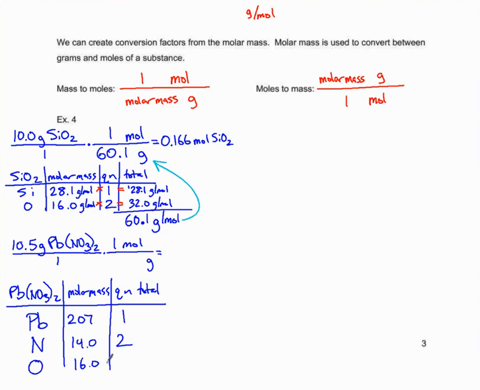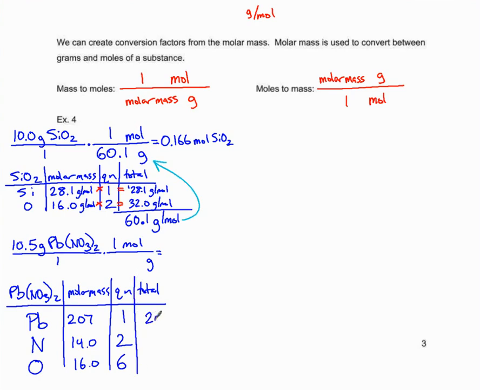And then oxygen, I have 3 oxygens in a nitrate, and I have 2 nitrates. So these 2 numbers will multiply. That tells me I have 6 oxygens.